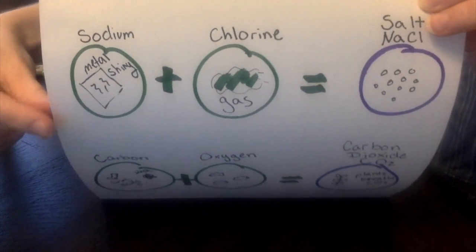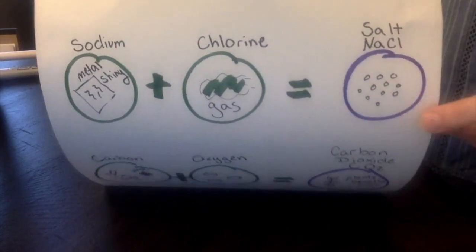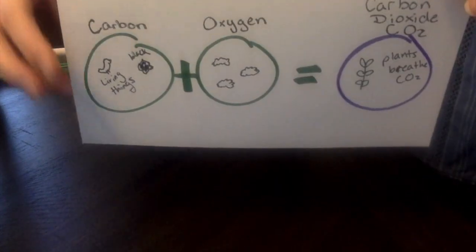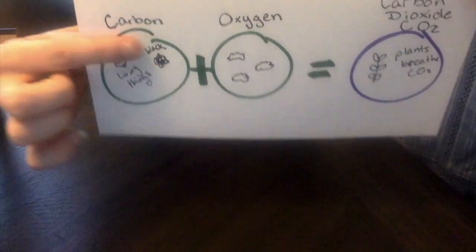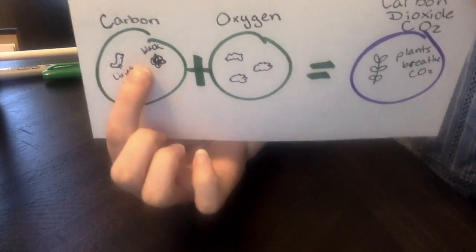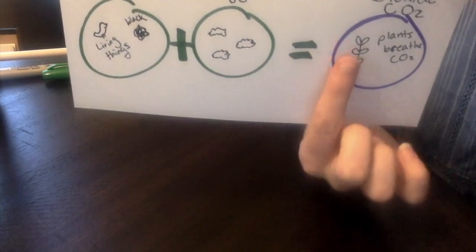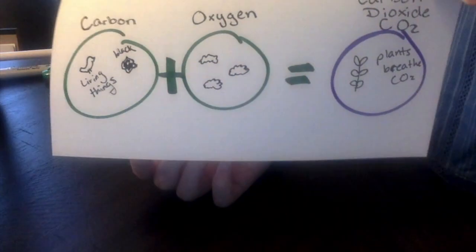It's made from a shiny metal and a green gas, but what it makes is little bitty white pieces. And then the last one that we learned was carbon dioxide, and it's made of carbon and oxygen. It's made of black rock and an air that's really, really good for us to breathe, but what it makes is something that's really bad for us, but really good for plants.